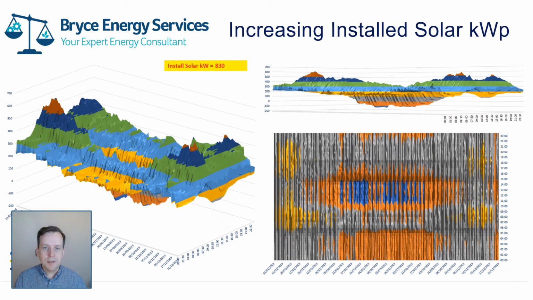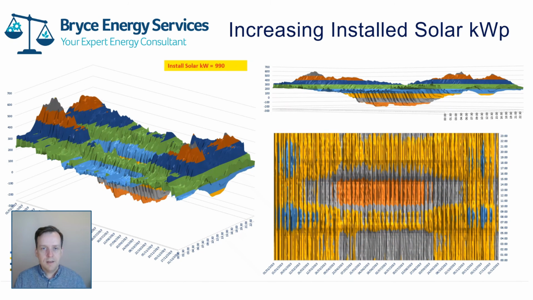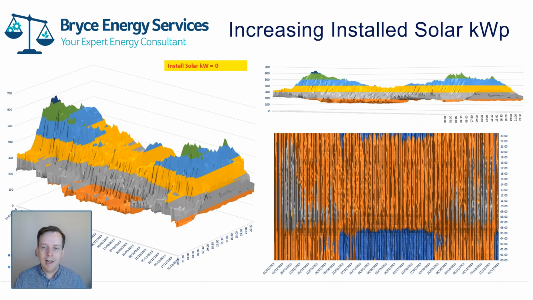So we're now up to 800, 850. You can see the impact of that solar profile, and we're now into exporting. We're now in negative numbers, so we're now exporting electricity. You can see this hollow significantly impacting the consumption, big chunk out of the middle.